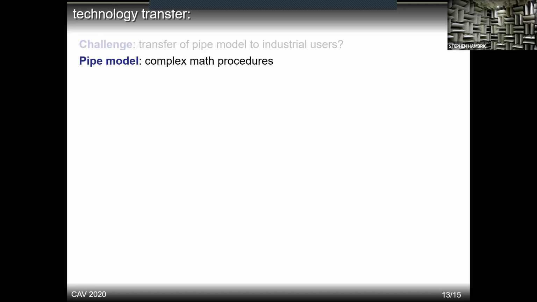The model contains complex mathematical procedures, while the end users may have neither enthusiasm nor time to plunge into these procedures. So the solution may be to make user-friendly pipe databases, but databases which do not contain input data, but which rather contain the results.